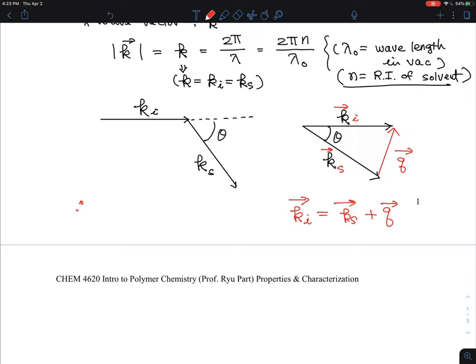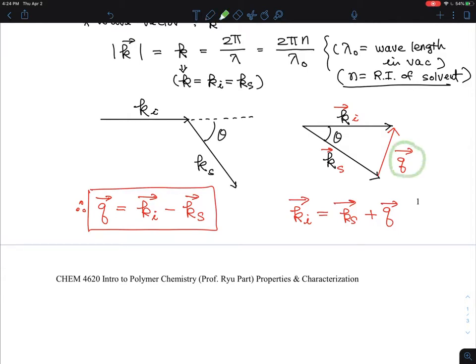So therefore, I have given you here, Q is essentially the incident wave vector minus the scattering wave vector. So this is how the scattering Q is being defined. And now you start to see that the Q versus theta is somewhat related.